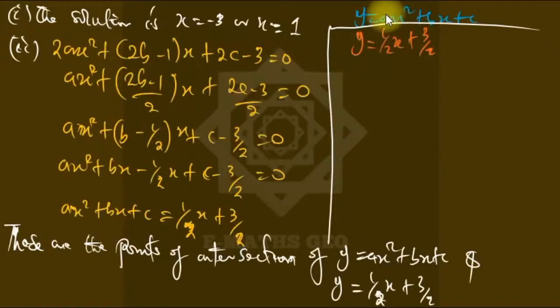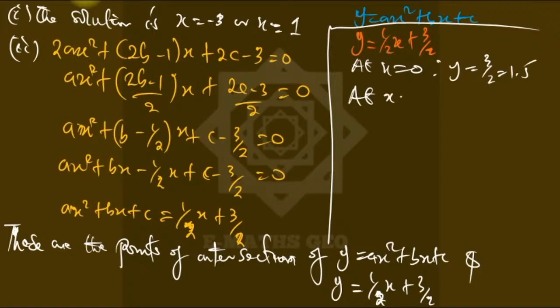If I choose x equals 0, you see that y is now 3/2, which is 1.5, and it is there. Also, if I choose x equals maybe -2, is it there?